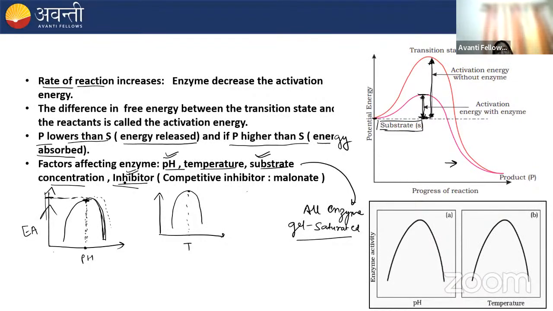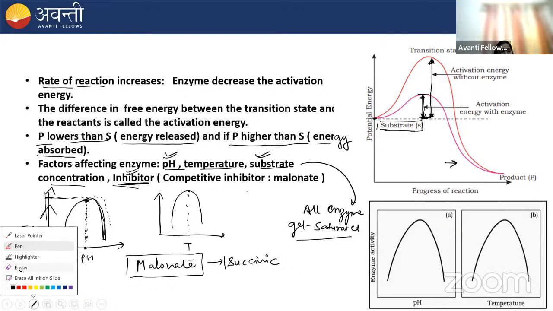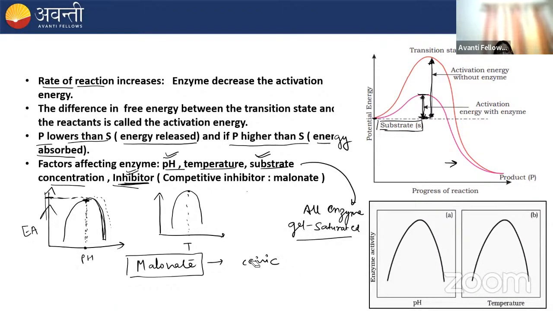Another factor is an inhibitor. Malonate. Remember everybody? Malonate is a competitive inhibitor of the substrate succinate.